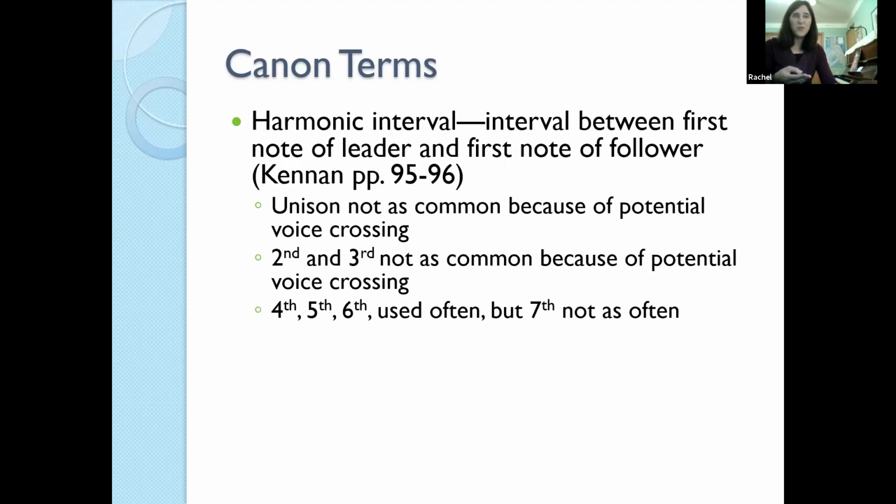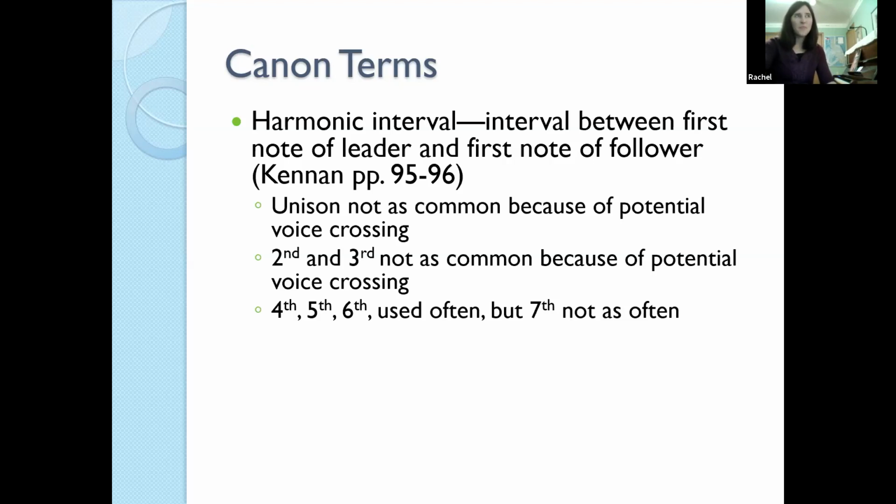And you could probably figure out that if you think about starting the second voice at the interval of a seventh, that doesn't mean that where it comes in, your leader and follower are right at a seventh. But you can probably tell that if you're going to have this relationship of here's your leader and then your follower is coming in later sometime at the interval of a seventh, maybe that's going to be trickier to make it actually work out, okay? So fourth, fifth, and sixth are going to be used often.